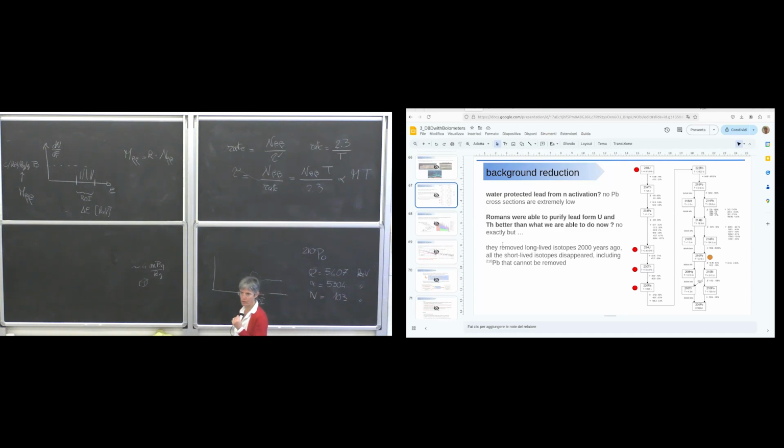So why am I worried? The first decay, lead 210, has a very low Q value, so forget it. Bismuth has a Q value of 1 MeV. It is a pure, maybe not completely pure, but almost pure beta decay.